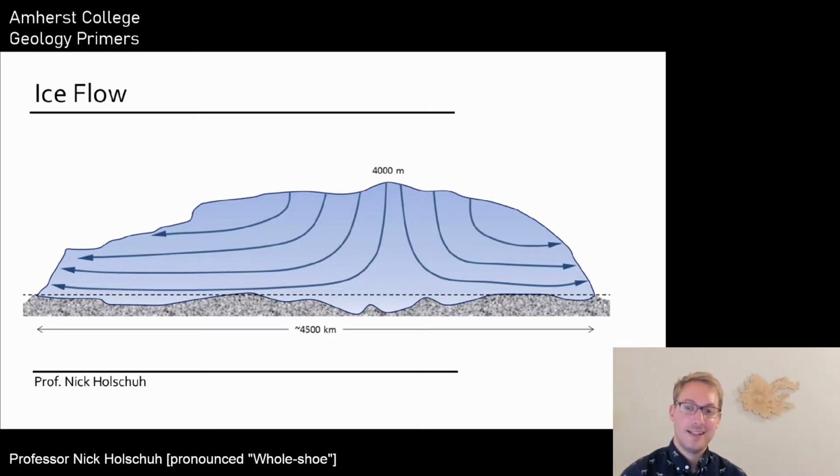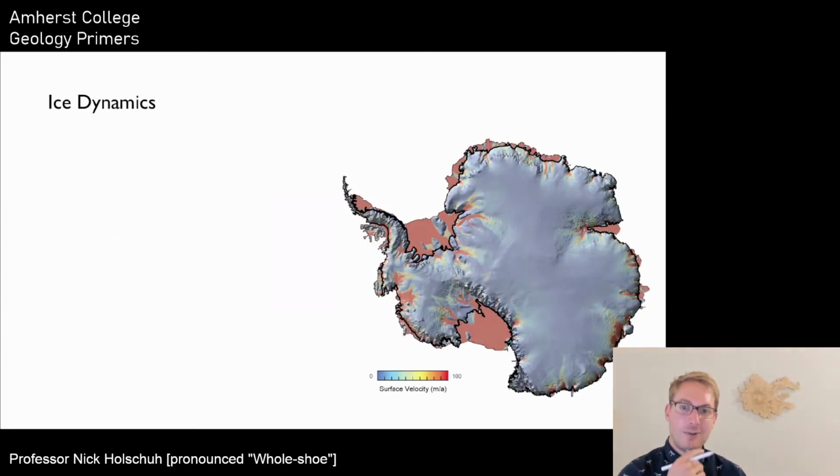So, here we are, the ice flow problem. I always like to start thinking about this problem by looking at a map of velocities in Antarctica. So this map on the right here, it's color-coded by how fast the ice is flowing. And what we see is that there are these complex networks of ice streams that are draining ice from the interior out to the ocean.